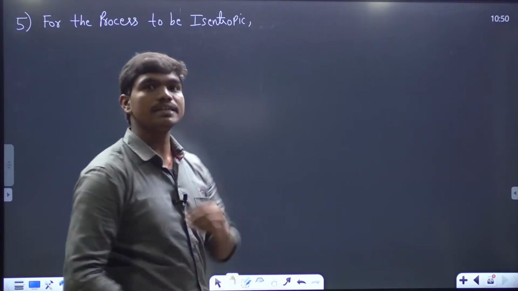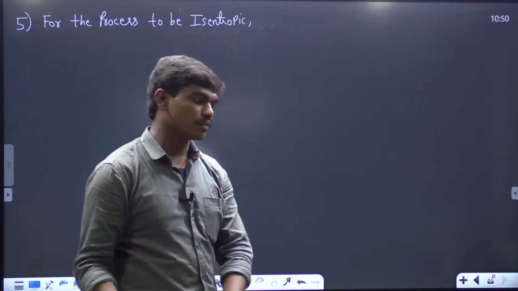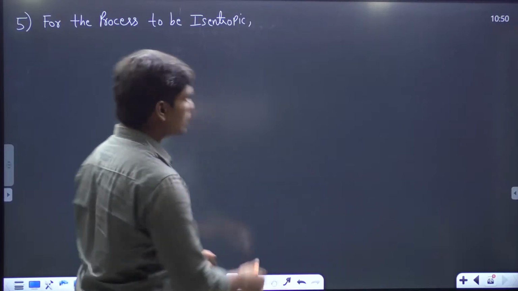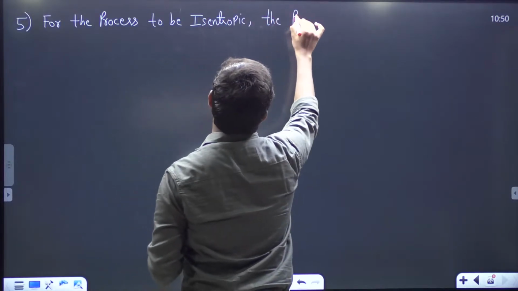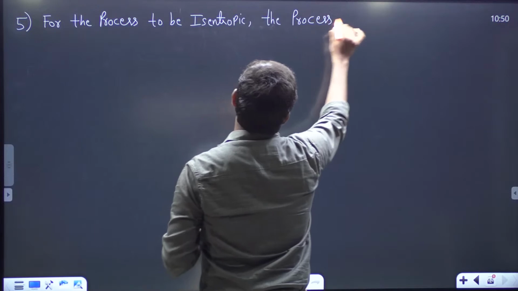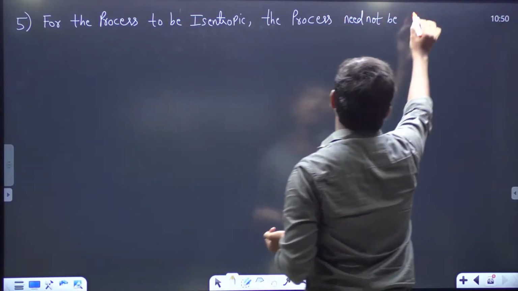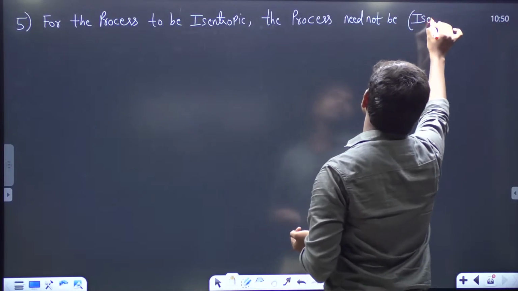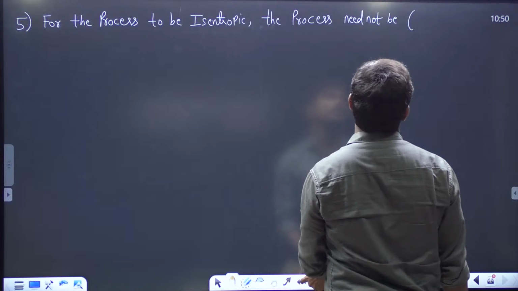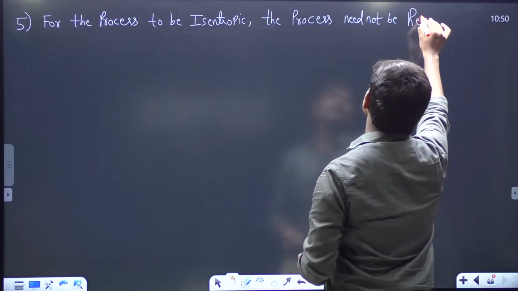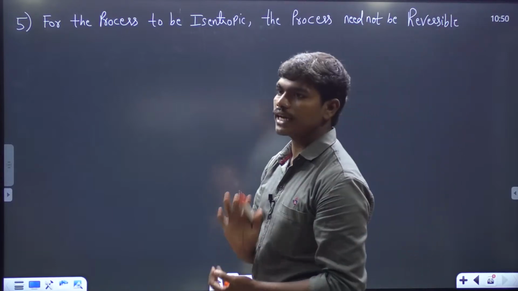Because if there is some heat rejection from the system, and whatever entropy is getting generated within the system is going out, then you can say for the process to be isentropic, the process need not be reversible adiabatic. But if it's reversible adiabatic, yes, it is isentropic. I agree.